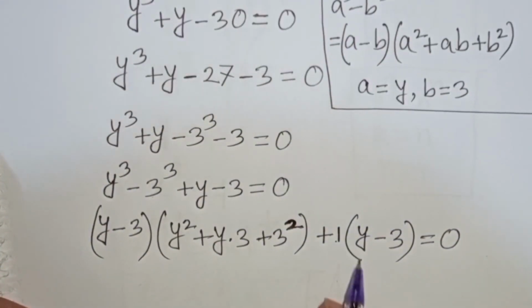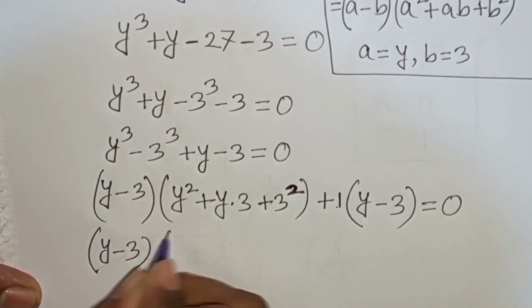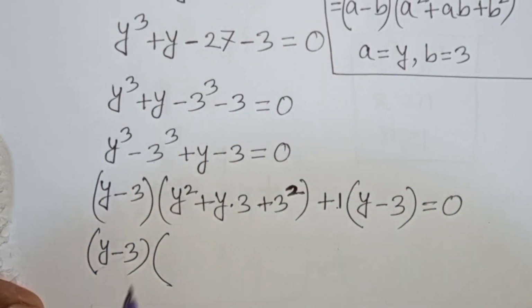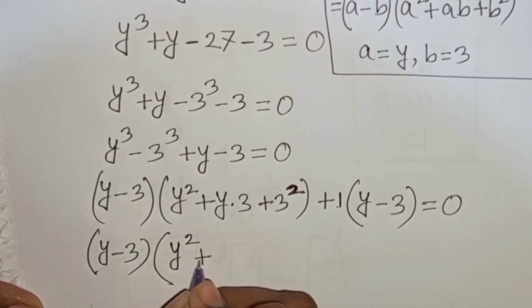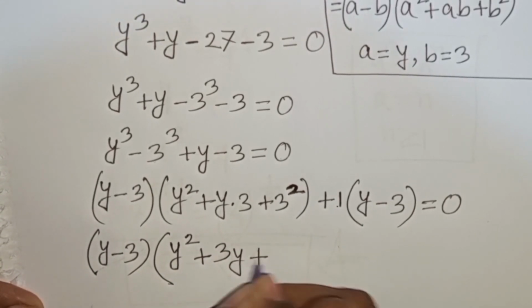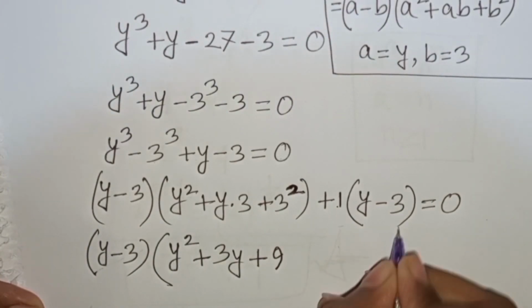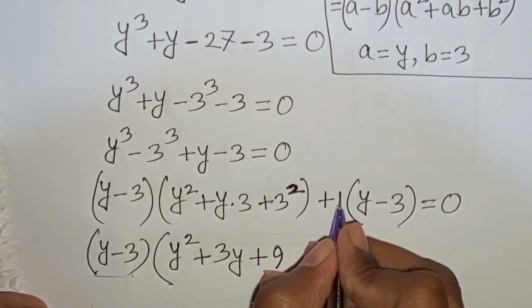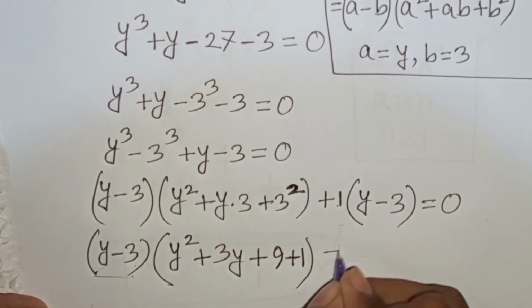Now we see y minus 3 is common, so take common y minus 3, so bracket y minus 3 is out of this bracket. So this divided by this, that means y minus 3 will be cancelled, so we have y square plus y times 3, that means 3y, plus 3 square is same as 9, then this divided by this, that means this y minus 3 will be cancelled, so here plus 1, then bracket close is equal to 0.